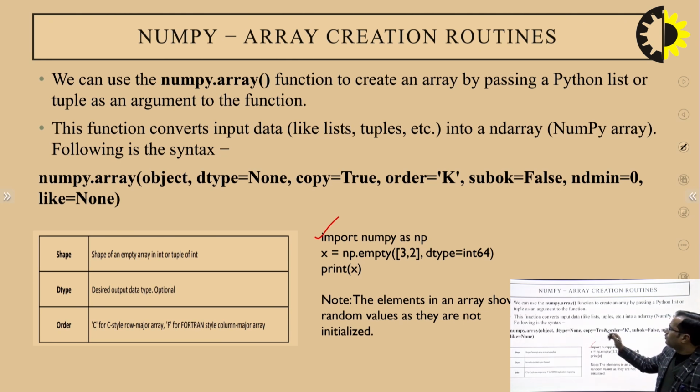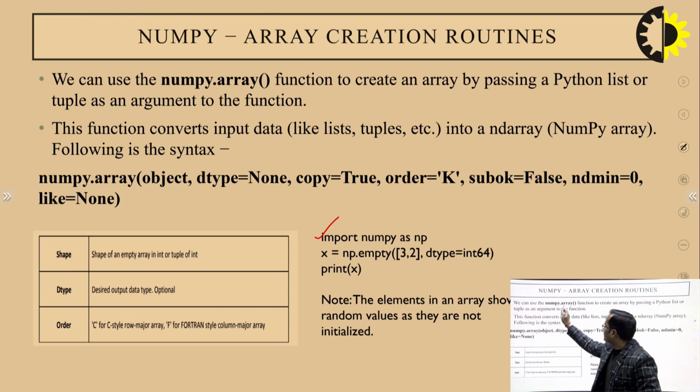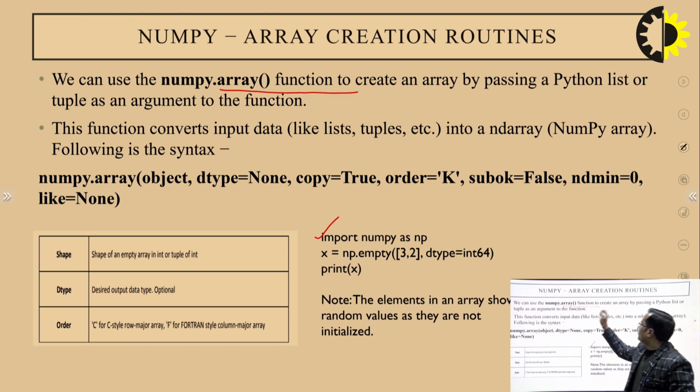First, we can use the Numpy array function. We can use this array function to create ndarray objects by passing a Python list or tuple as an argument to the function. That means we can pass a list or tuple to this array function to create an ndarray object.